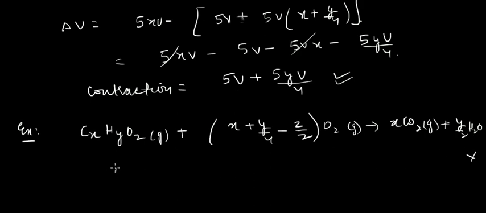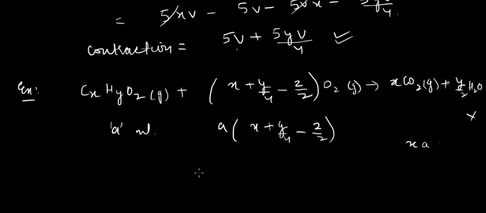So suppose we have A milliliter. Here you can calculate that we would be using A times x plus y by 4 minus z by 2 milliliter of oxygen gas, and finally it would be forming xA milliliters of carbon dioxide. So you can calculate the contraction in volume.